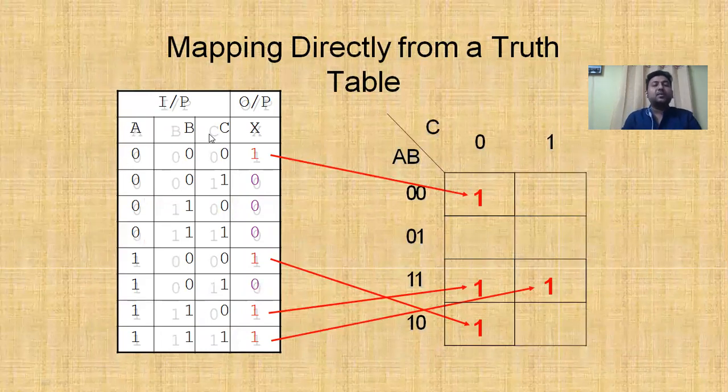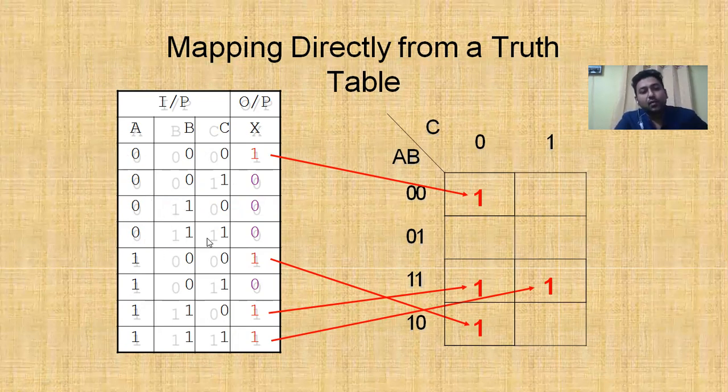It is from 0 to 7, that means 8 options: 000, 001, 010, 011, 100, 101, 110, and 111. That means 000 is 0, 001 is 1, 010 is 2, 011 is 3, 4, 5, 6, 7. So we consider from 0 to 7.